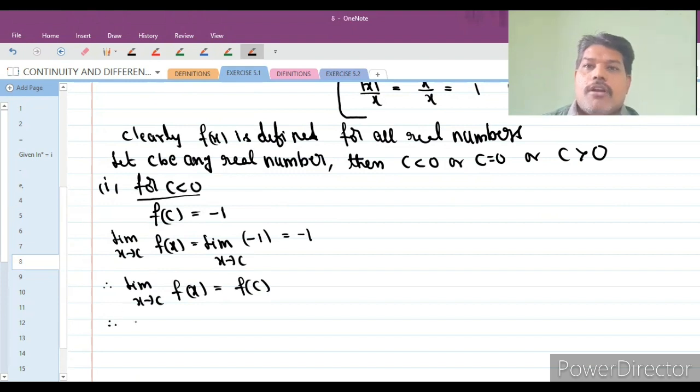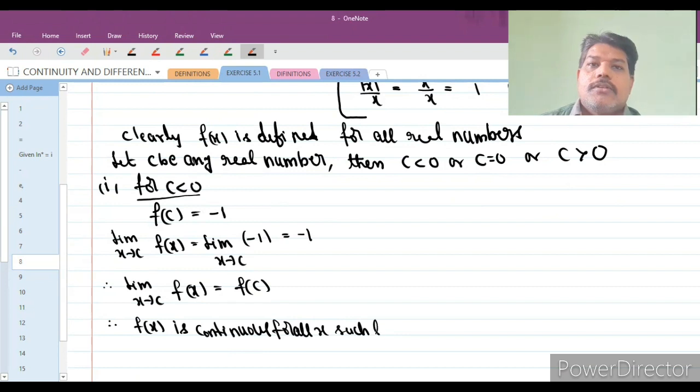So therefore, we can write that f of x is continuous for all x such that x value is less than 0. So for all x less than 0, the function is continuous.